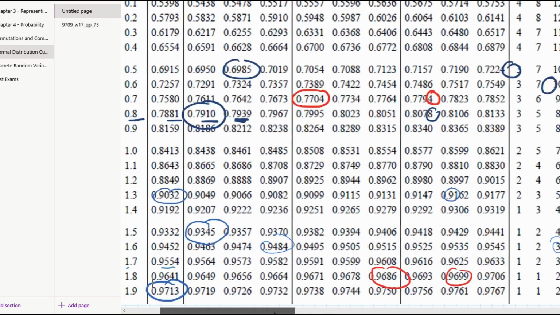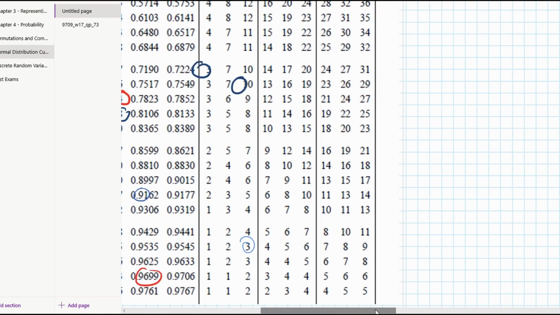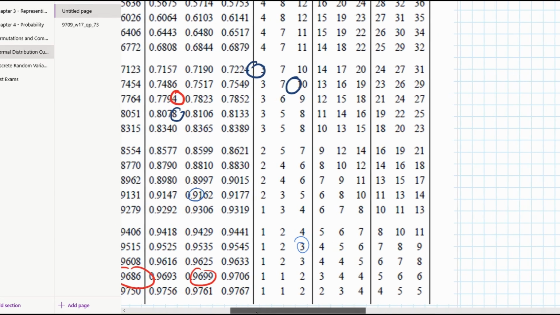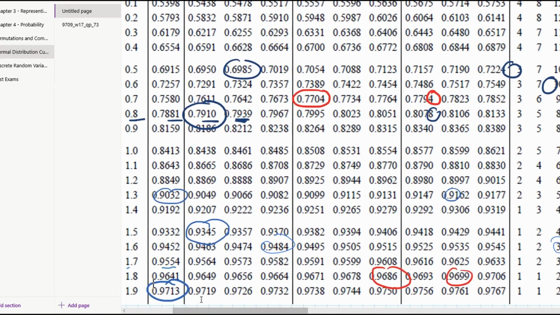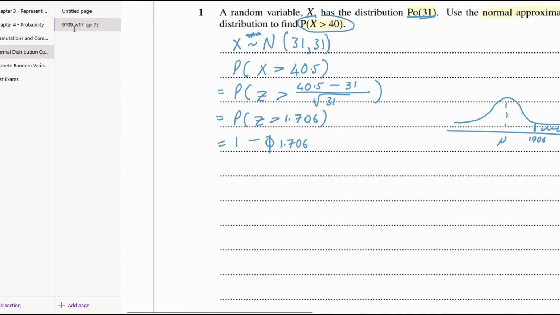It's not scrolling very easily, maybe it's a 5. So it'd be 0.9559 maybe. Okay, 0.9559. So it should be 1 minus 0.9559. So we do that. Hopefully I read that off right.